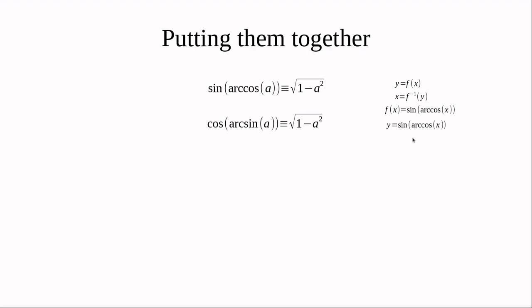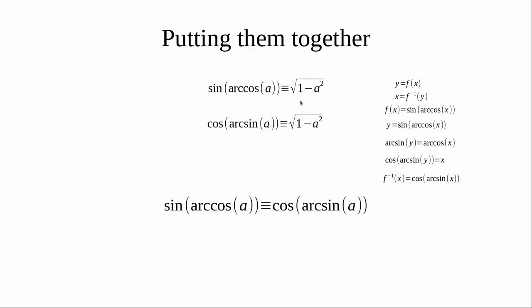Then you can take arc sine of both sides, so arc sine y equals arc cos of x, and then cos of both sides, cos arc sine y equals x, and therefore f inverse of x is cos of arc sine x. So that means this is the inverse of that one, but we also happen to know they're identical. Therefore sine of arc cos a is its own inverse, as is square root of 1 minus x squared.